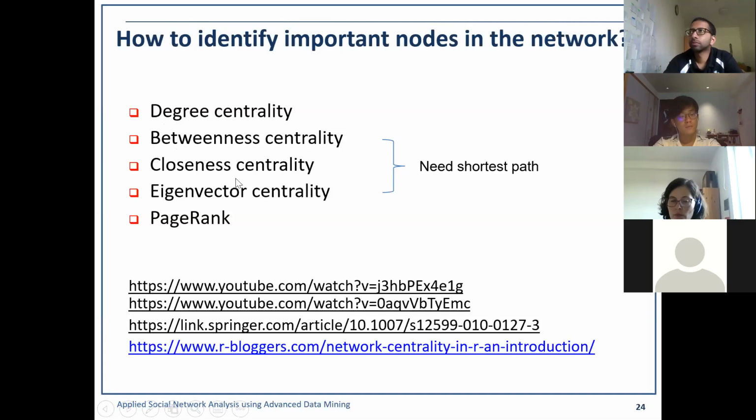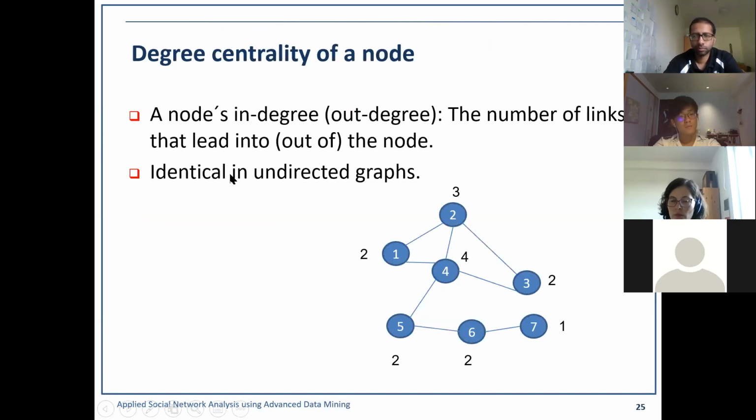So degree centrality, what does it mean? A degree centrality of a node is just the number of links it has. Of course, we can separate between in degree and out degree in the case of a directed graph, but in the case of an undirected graph, there's no difference. It's identical in undirected graphs.